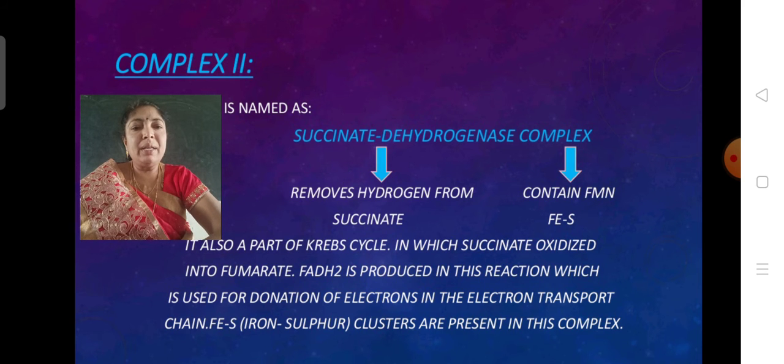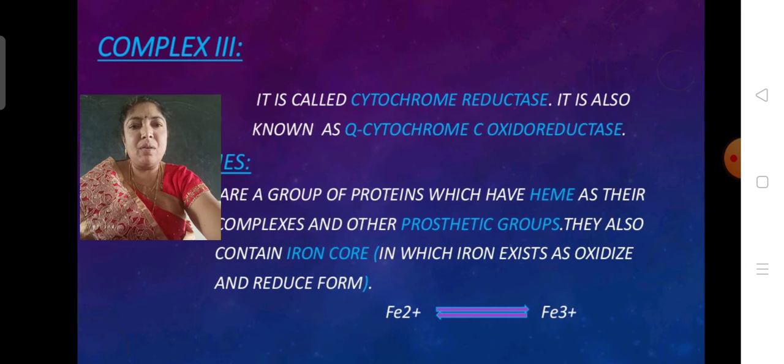The already formed FADH2 present in the citric acid cycle will donate some electrons. These electrons are transported in this electron transport system, and this consists of an iron sulfur cluster which is present in the complex, that is FMN. This is the second complex.